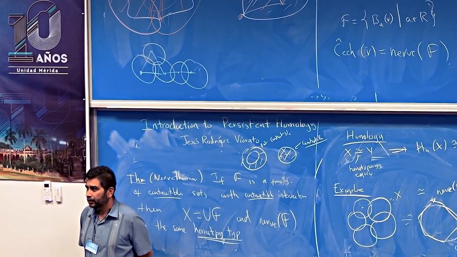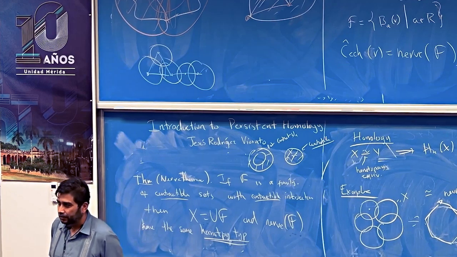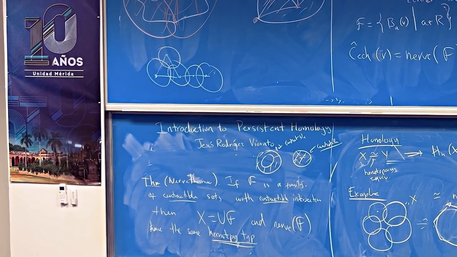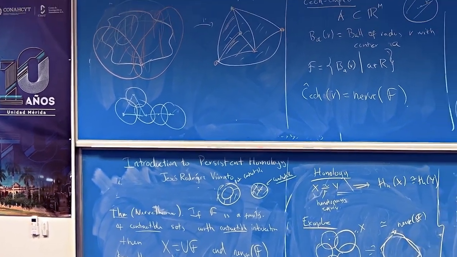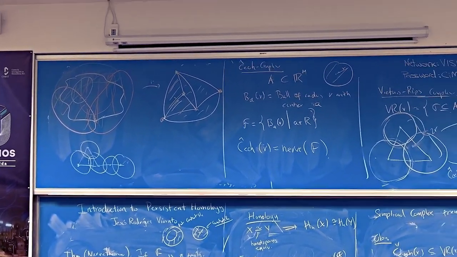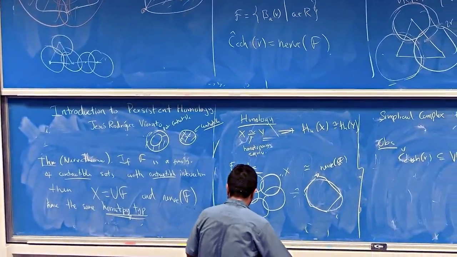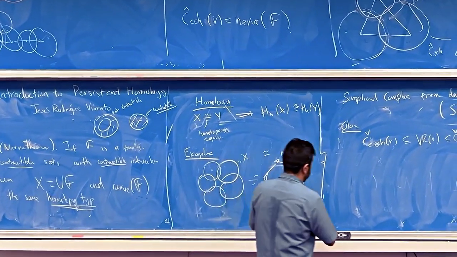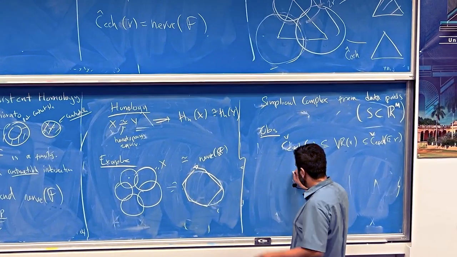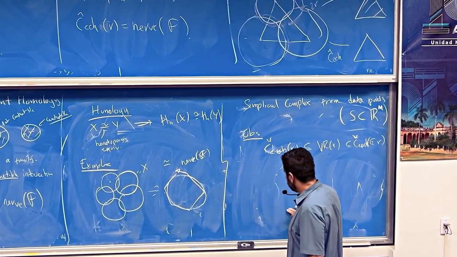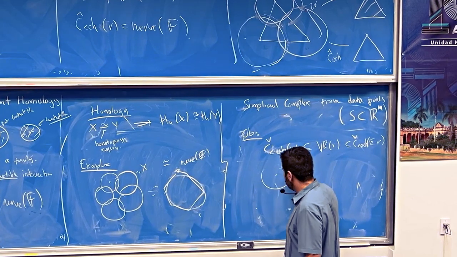So I had a curiosity. It was mentioned that with the Vietoris-Rips complex, we do not recover the homotopy type of this space. Could we see an example of what we mean by that? Yeah, well, the example is basically the one that I just drew here, and these examples happen a lot.